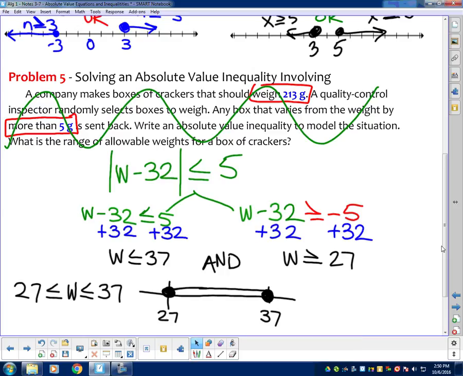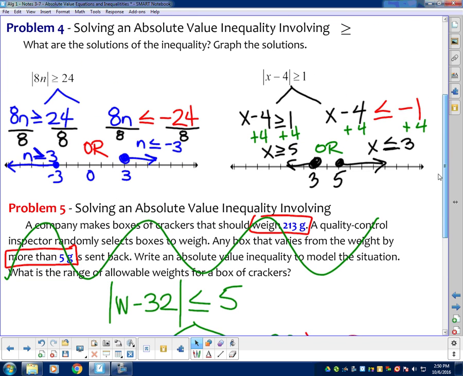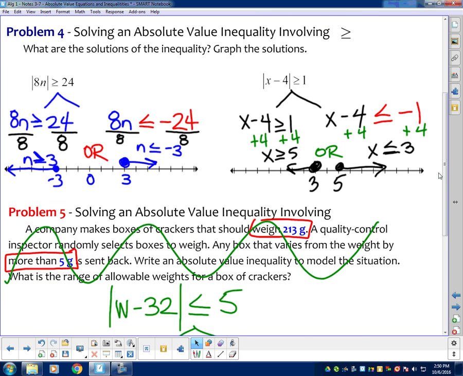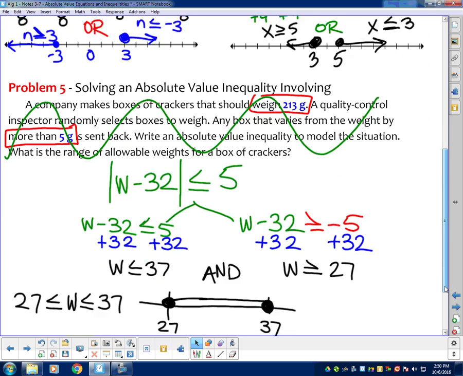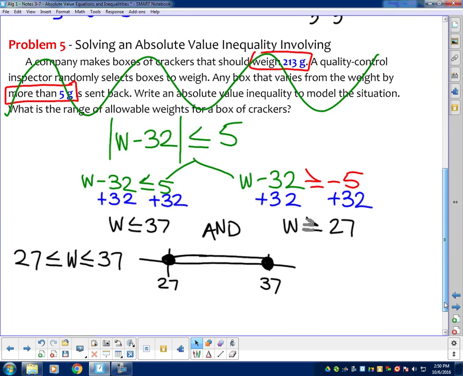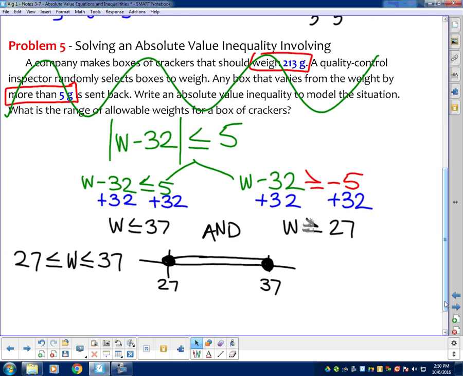If we compare the two, did you notice that both of these were greater than? And how did they graph? Devil horns, right? And this one was a less than, and how did it graph? Curl bar.